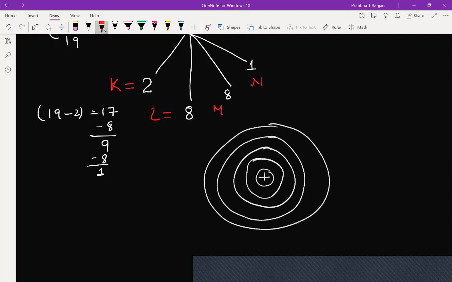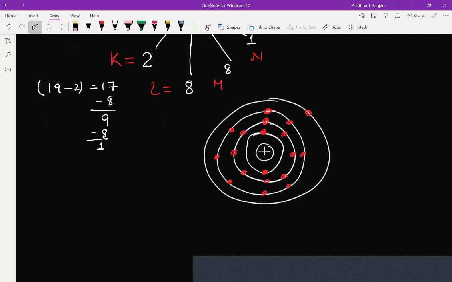And then I'm going to put electrons: the first orbit will contain 2 electrons, the second will contain 8, then again 8, and then lastly it's a 1. So in this way we can represent it, here we can write KLMN 2, 8, 8, 1. So this is the electronic configuration.